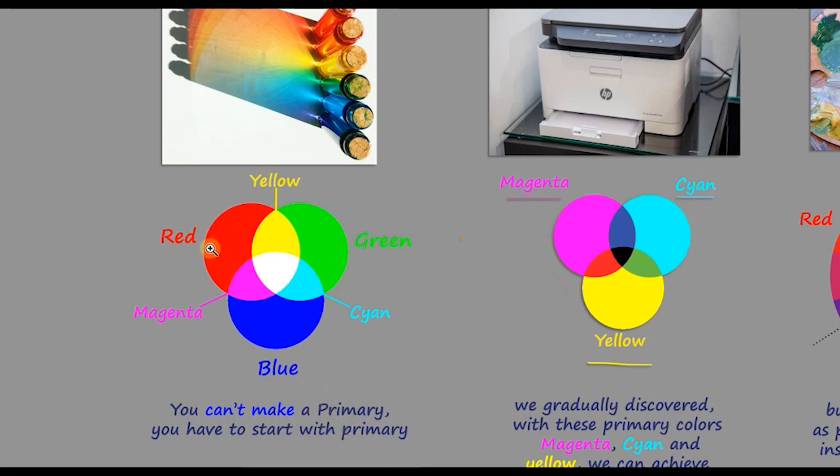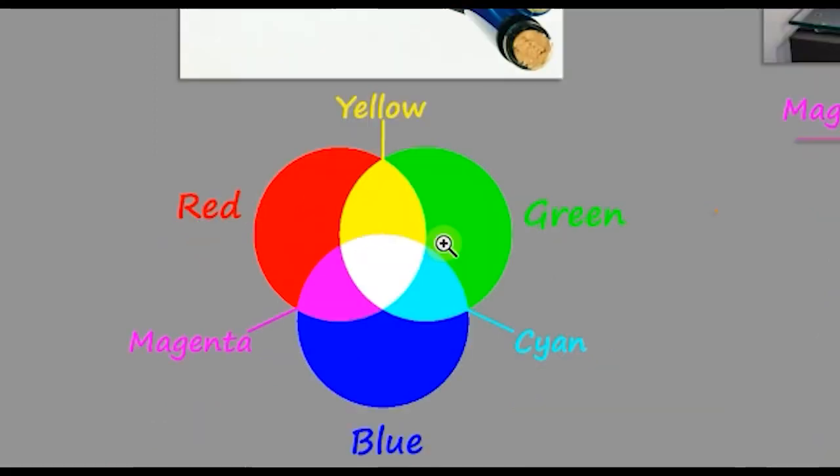For example, if you combine red and green, you will have yellow. If you combine red and blue, you have magenta. And if you combine blue and green, you have cyan. Yellow, magenta, and cyan are secondary colors.